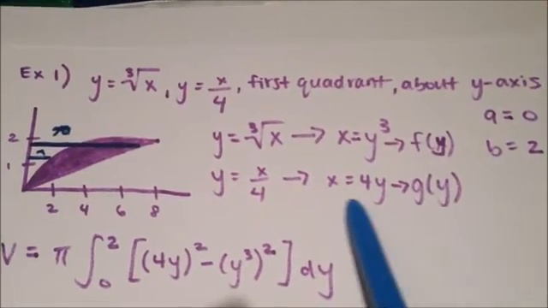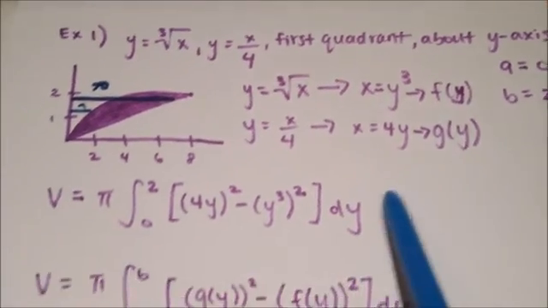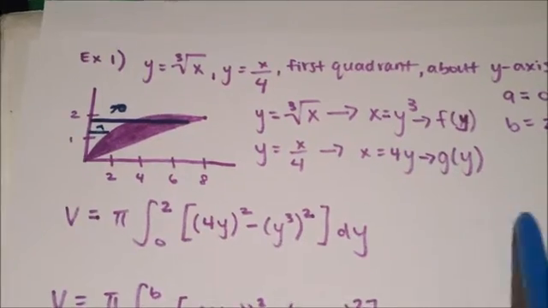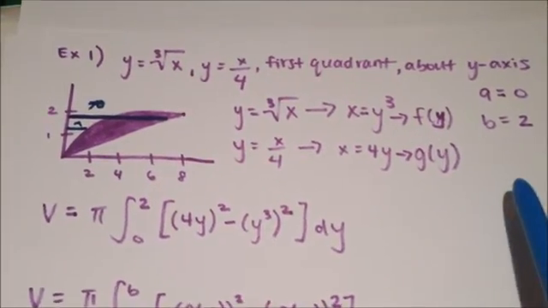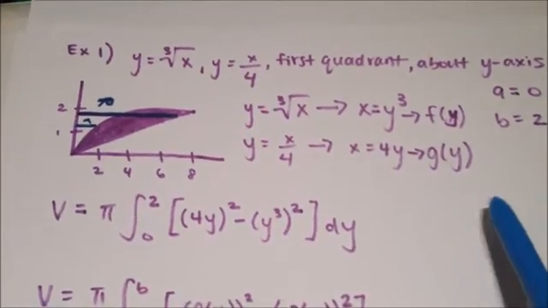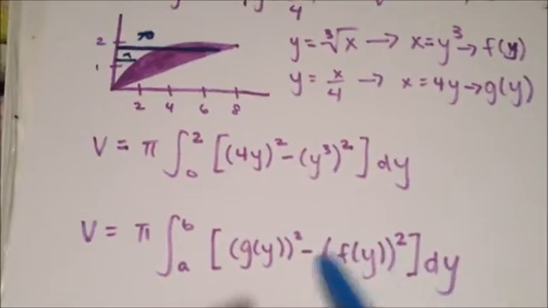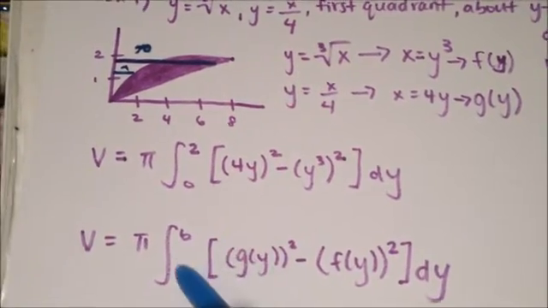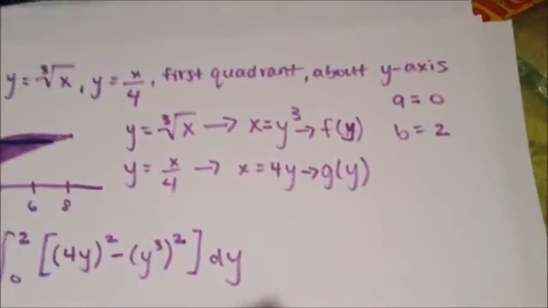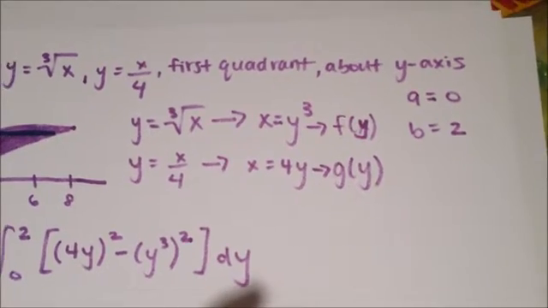If you put this into your calculator, you won't have to constantly write out y cubed and 4y. You can just use f of y and g of y, or y1 and y2, whatever's on your calculator. And I also stored my intervals, 0 to 2, as a and b, and you can do that on your calculator. Just use the store button.